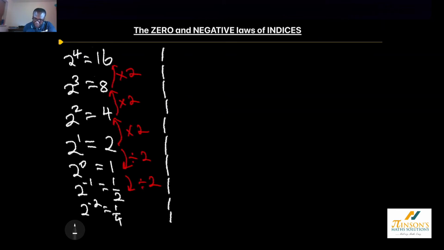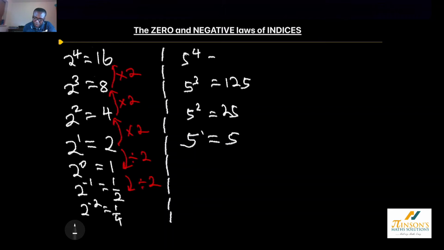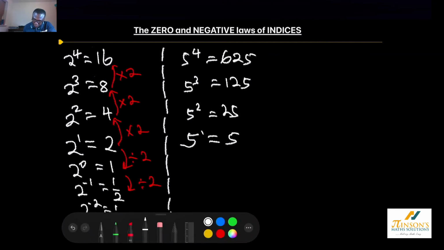So let's start with 5 to the power of 1, that is 5. 5 squared is 25. 5 cubed is 125. And 5 to the power 4 is 625.